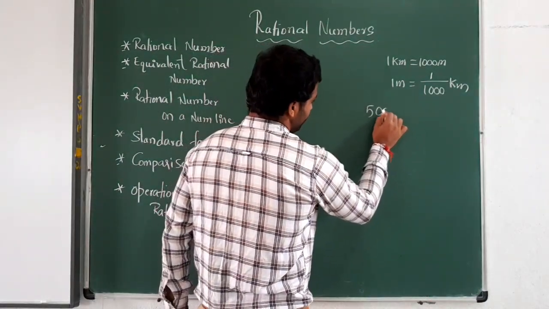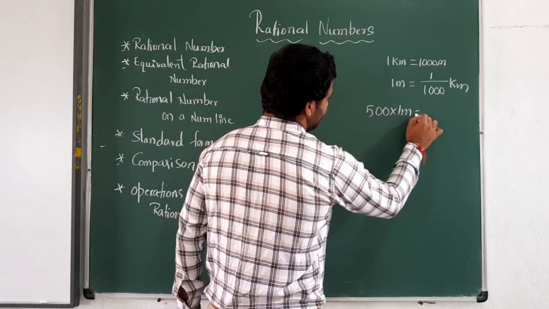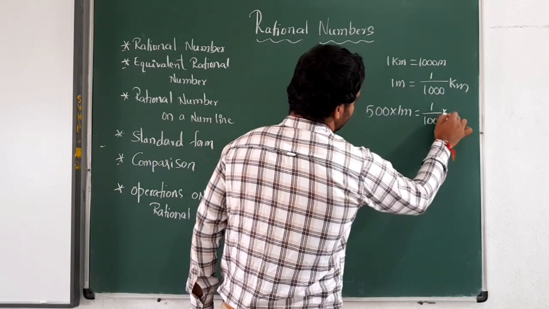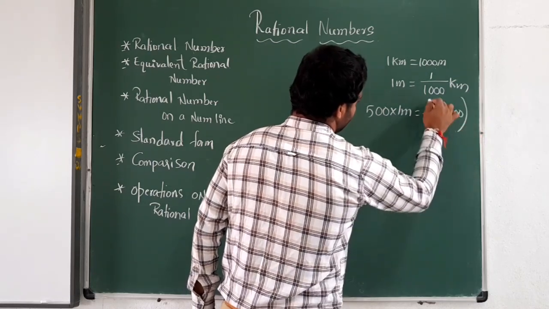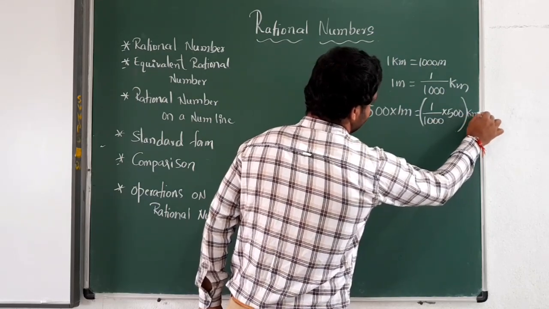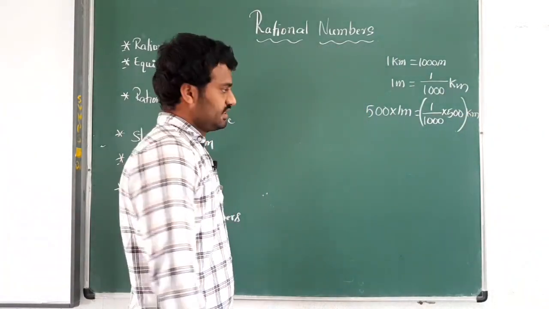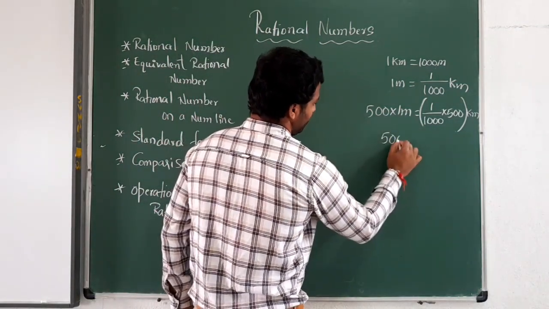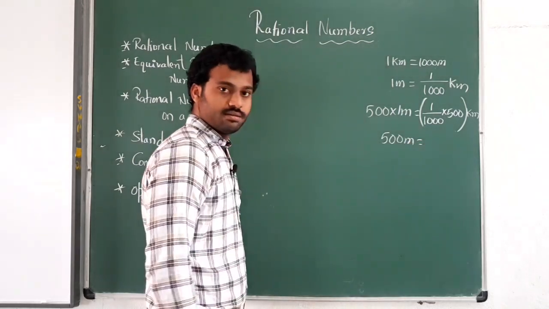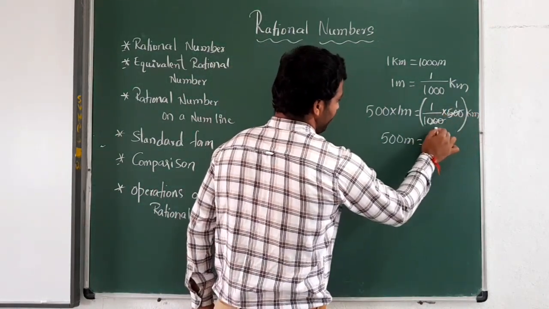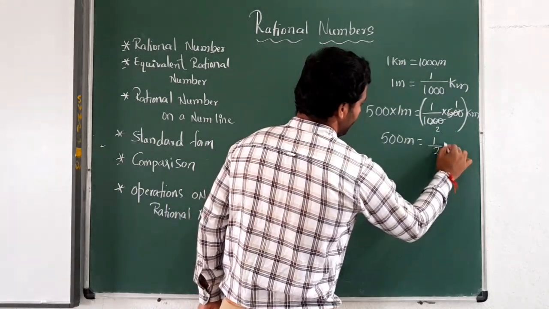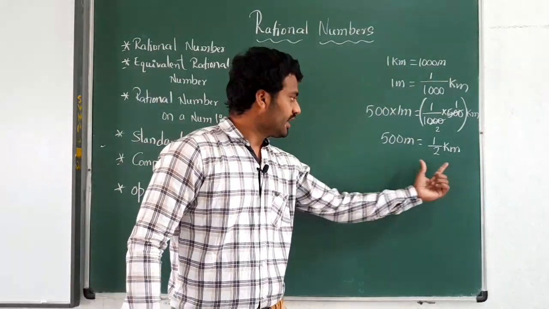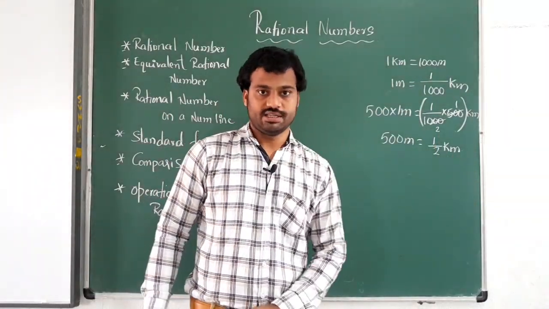So 500 into 1 meter is equal to 1 by 1000 into 500 kilometers. Simplifying, 500 meters, 500 ones are 500, 500 twos are 1000, so 1 by 2 kilometers. So 500 meters you can represent as 1 by 2 kilometers.